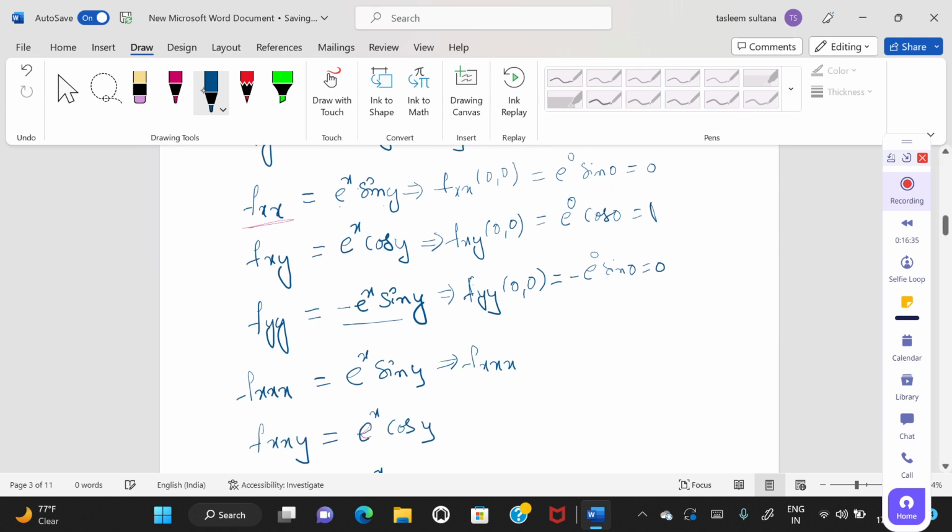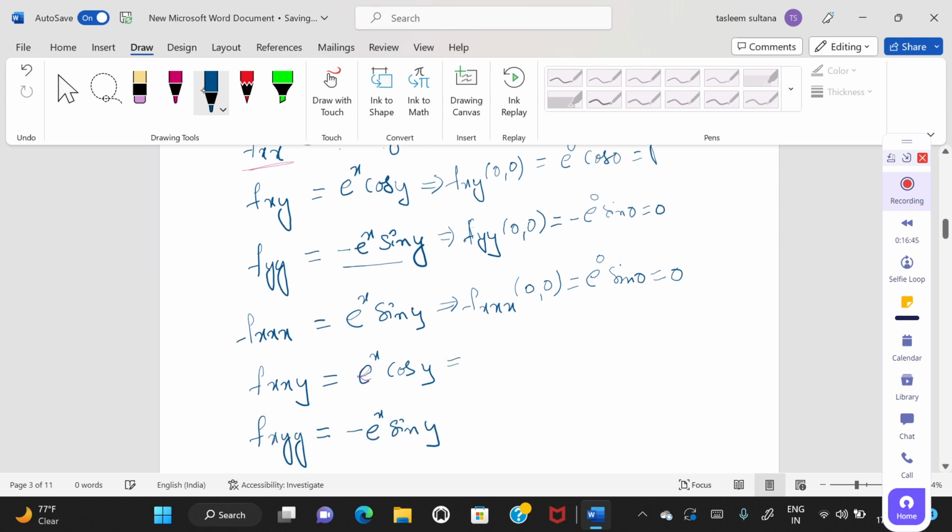Then next, f of x x of 0 comma 0 is equal to e power 0 into sine 0, which is 0. Then f of x y of 0 comma 0 is equal to e power 0 into cos 0, which is 1.